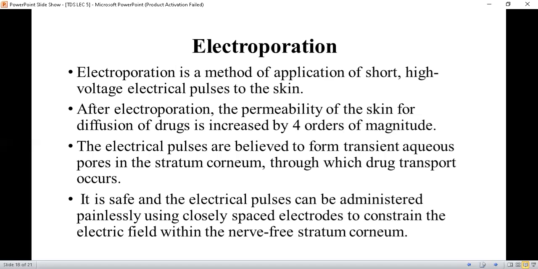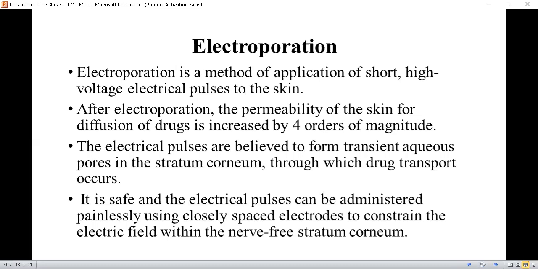Means small pores are produced in the stratum corneum, which is the most important barrier for the drug in a transdermal system. Through these pores, the drug then penetrates into the body. It is safe, and the electrical pulses can be administered painlessly using closely spaced electrodes to constrain the electric field within the nerve-free stratum corneum.